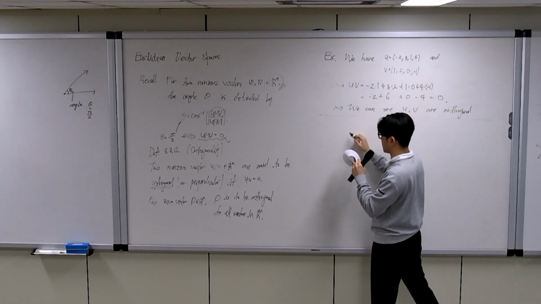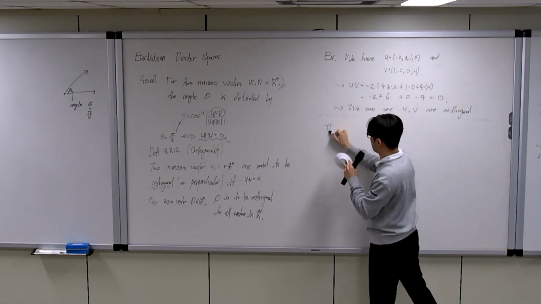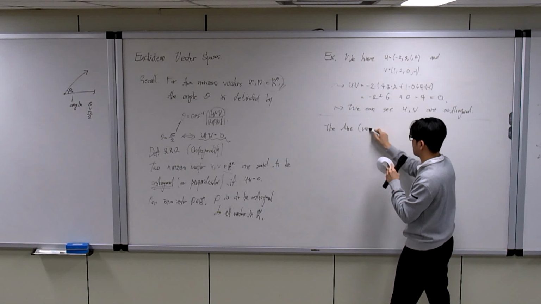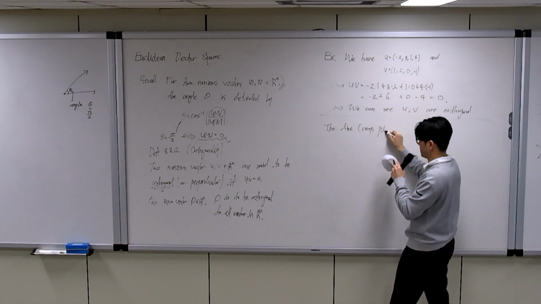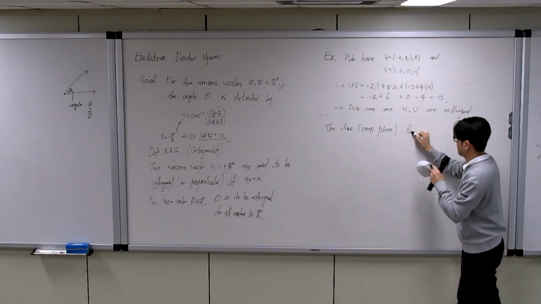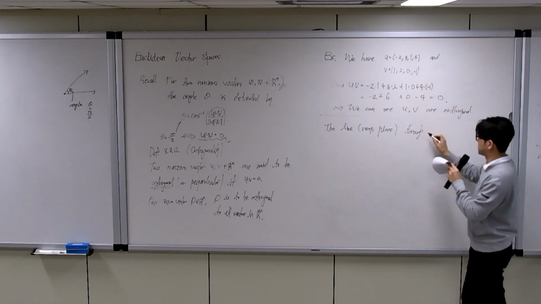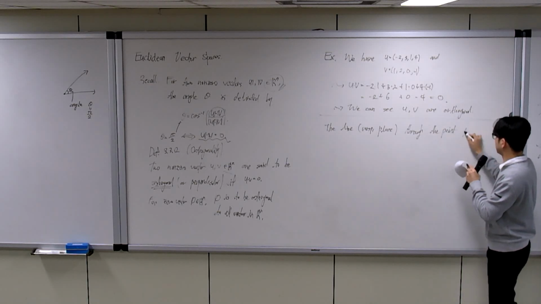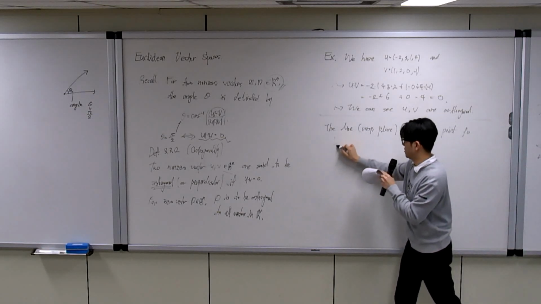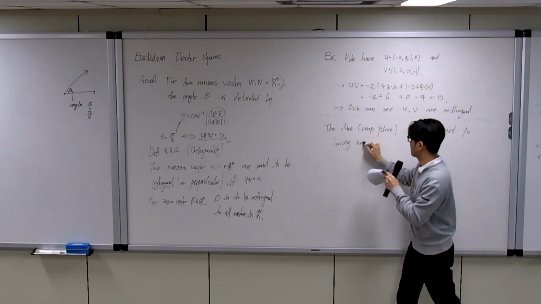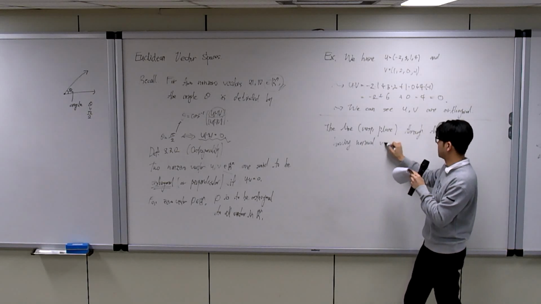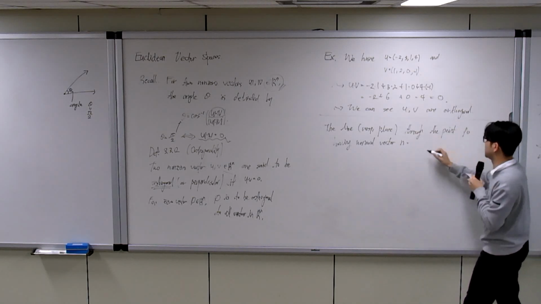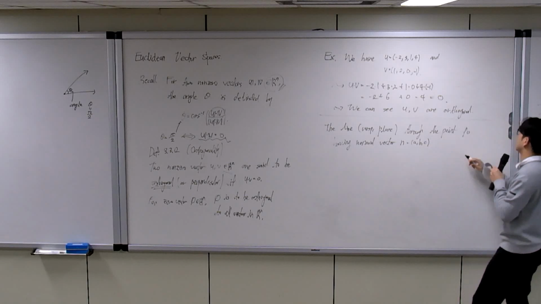And so if I write it, then in the line or plane case, if it goes through a point P0 and has normal vector n, we will write it as a, b, c as a vector.